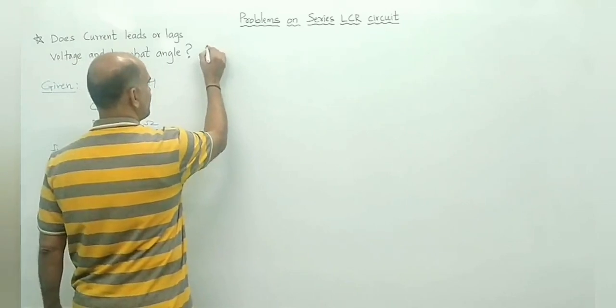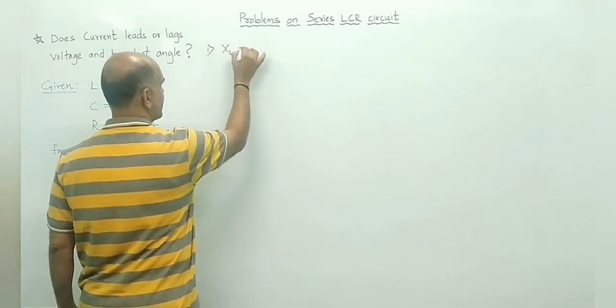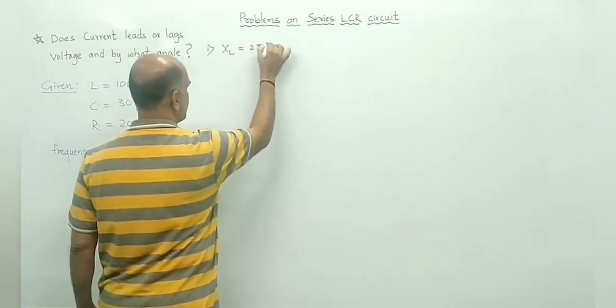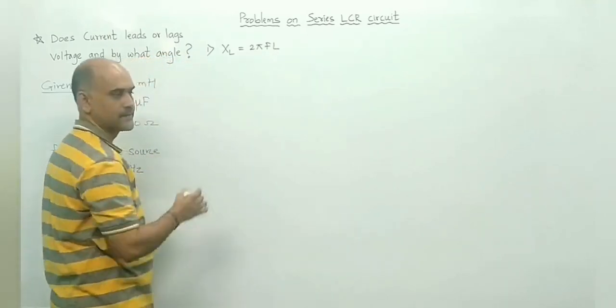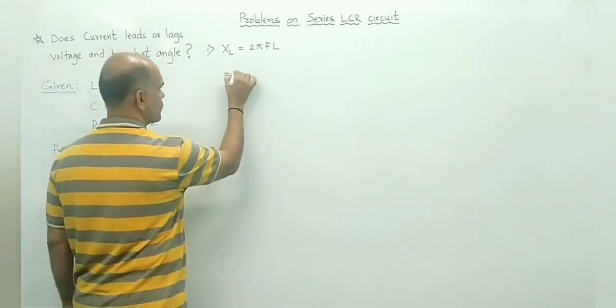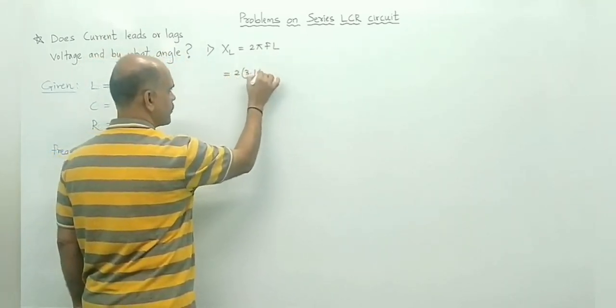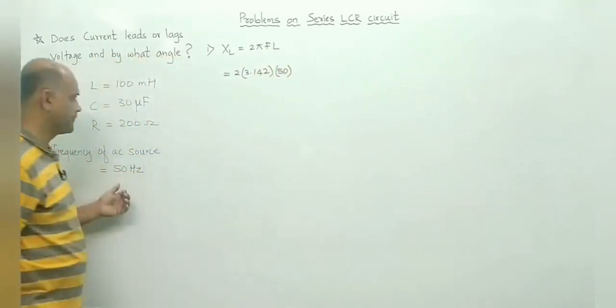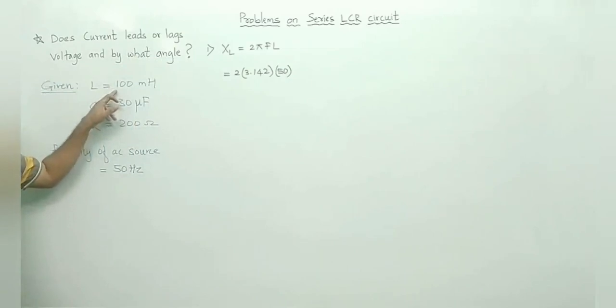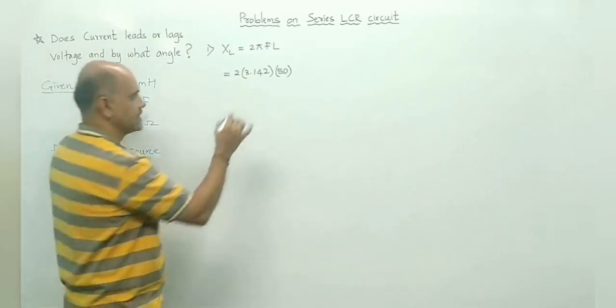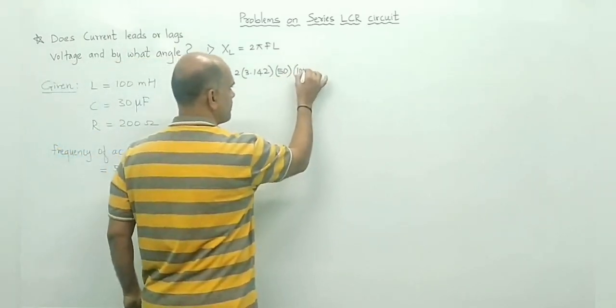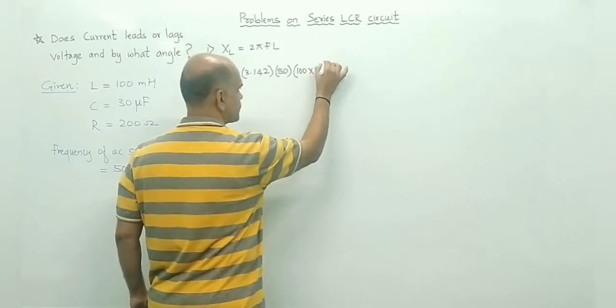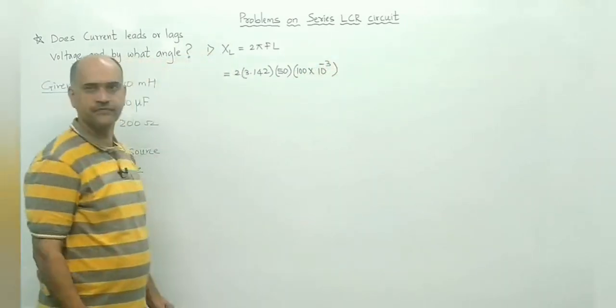First I will find XL. XL is given by 2 pi f into L. So this is equal to 2 into 3.142, frequency is 50, and L he has given 100 millihenry, so 10 raised to minus 3.